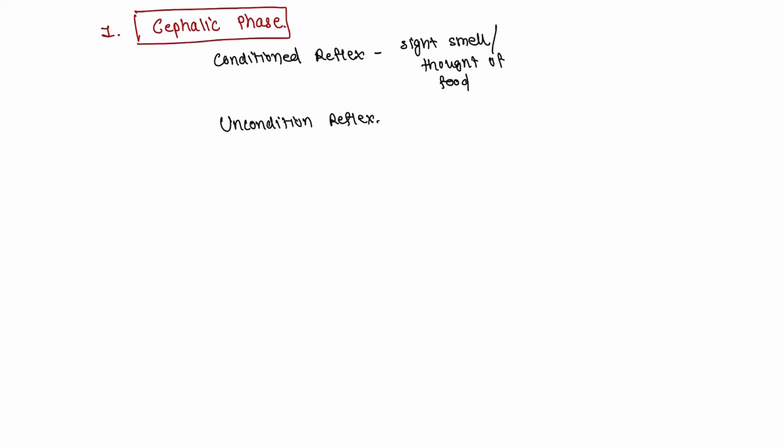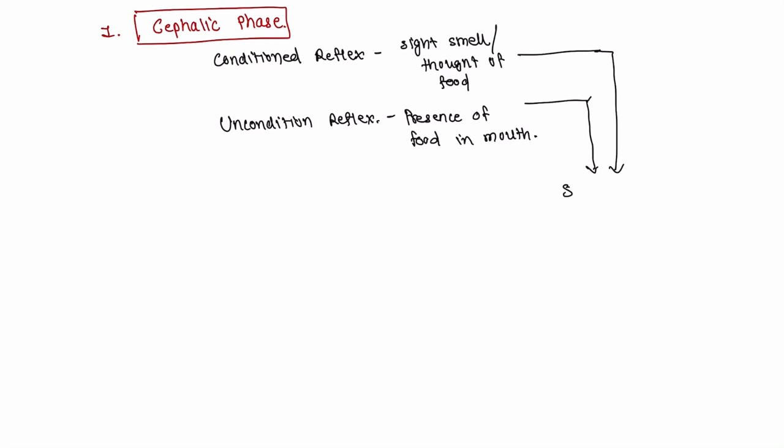And in unconditioned reflex, it is due to presence of food in the mouth. Both will cause stimulation of the vagus nerve, and it will lead to secretion of gastric juice.